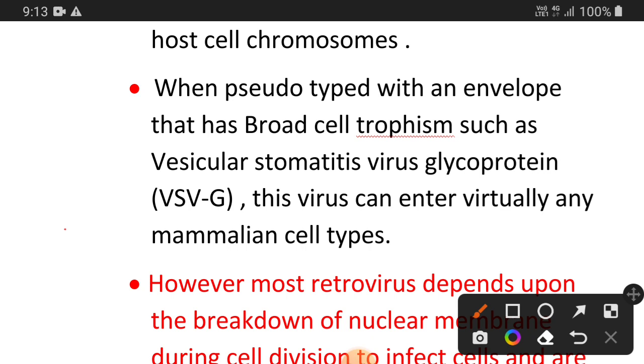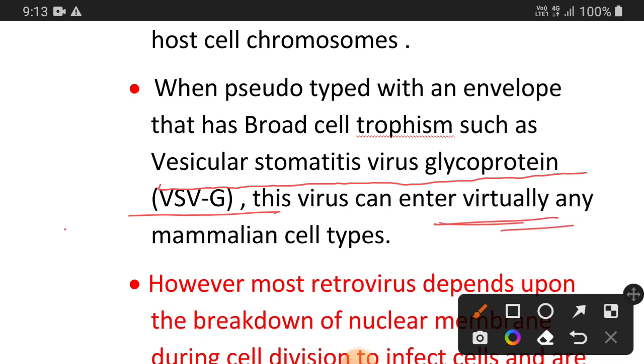Here the envelope that we are using is vesicular stomatitis viral glycoprotein. That is the reason why this virus can enter virtually any mammalian cell type after pseudotyping.